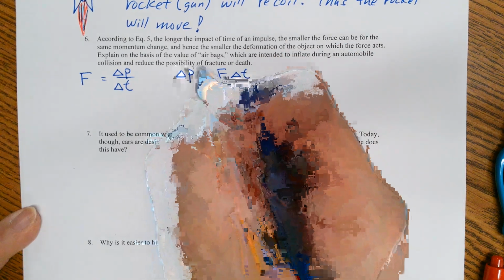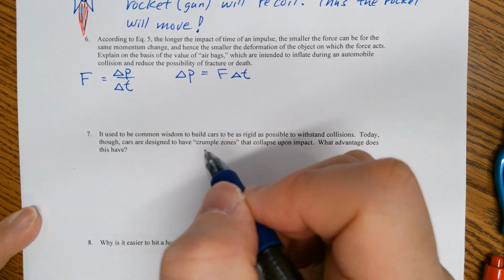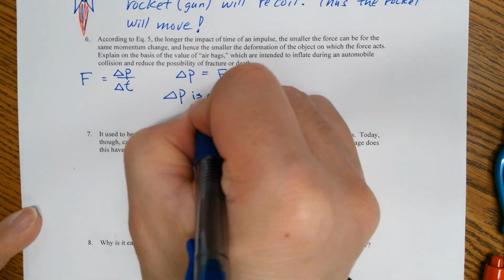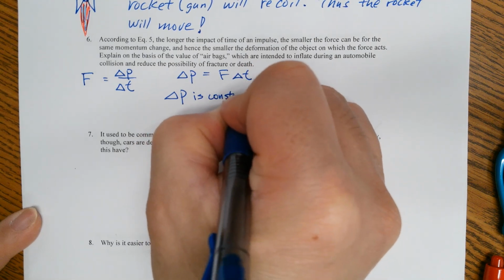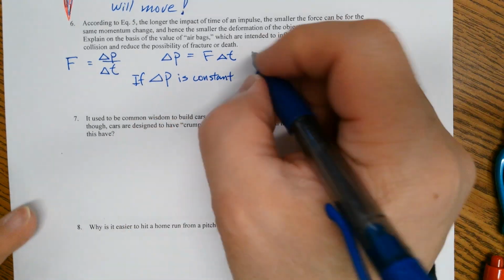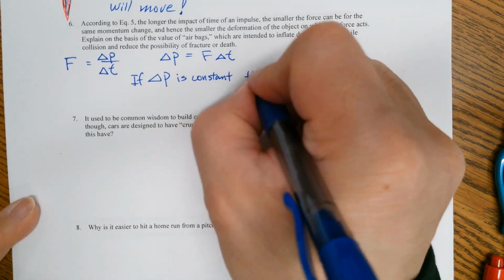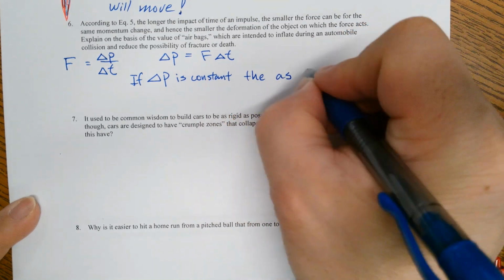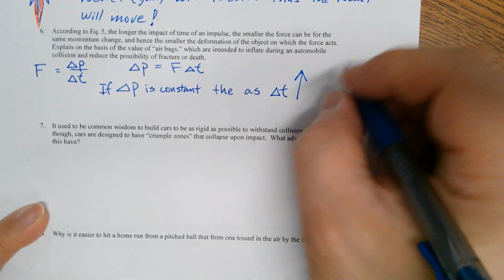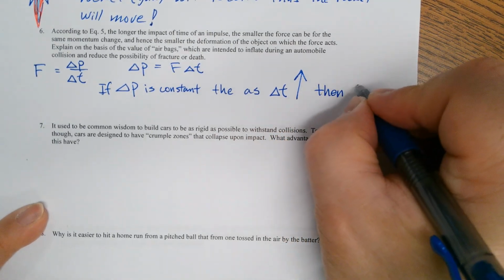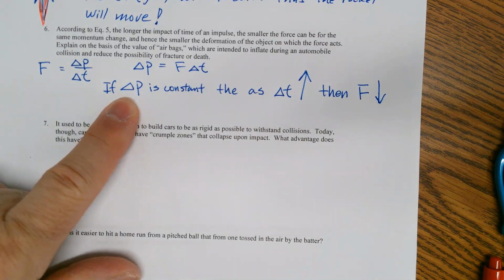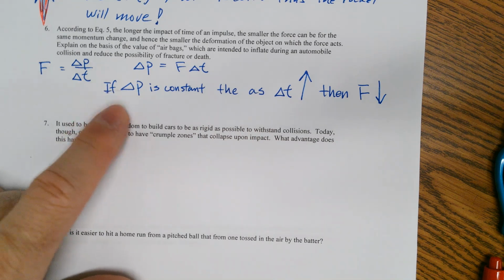In order to keep this the same, your force has to increase, right? So dP is constant. If the change in momentum is constant, then as delta T increases, the force must decrease to keep this the same. Does that make sense?